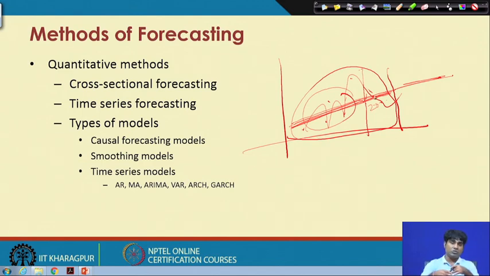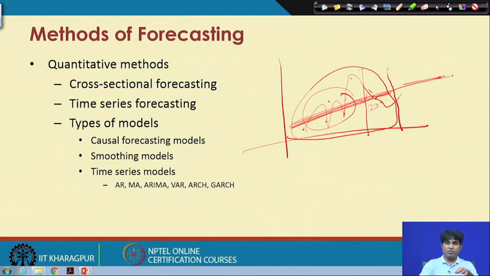That is not so easy in cross sectional modeling. That is why forecasting using time series data is very easy and very perfect compared to using cross sectional data, and that too for engineering requirements.